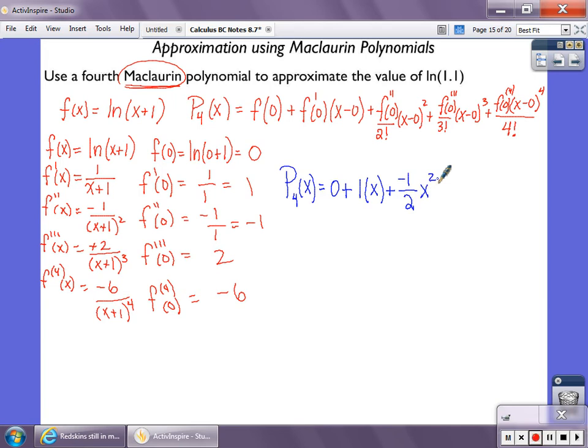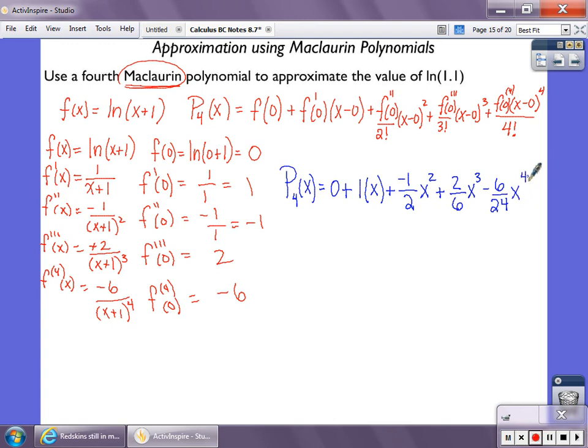The third derivative is plus 2 over 3 factorial, which is 6, times x minus 0 raised to the third power. And finally, minus the fourth derivative evaluated at 0 over 4 factorial times x minus 0 raised to the fourth power.